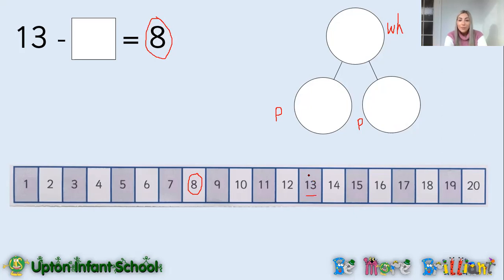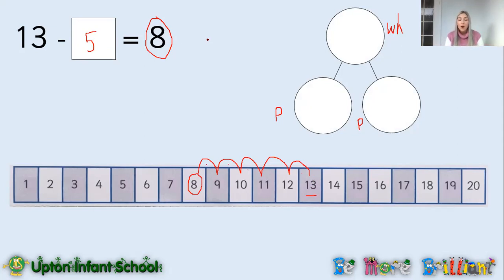Okay, so 13 going backwards. 1, 2, 3, 4, 5. There were 5 cars that drove away. 13 take away 5 equals 8.